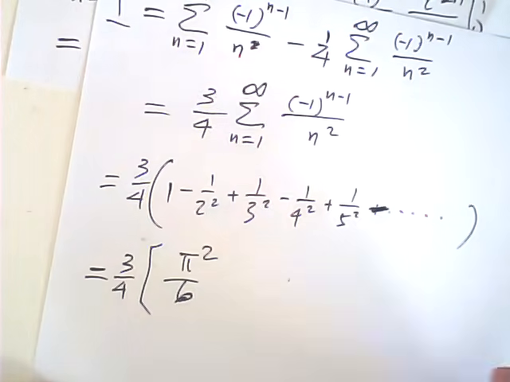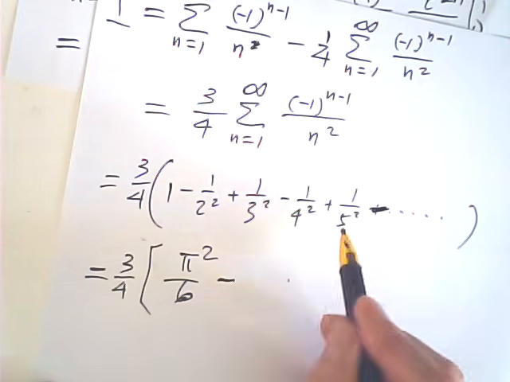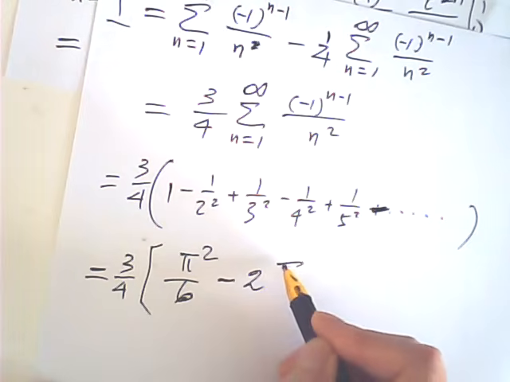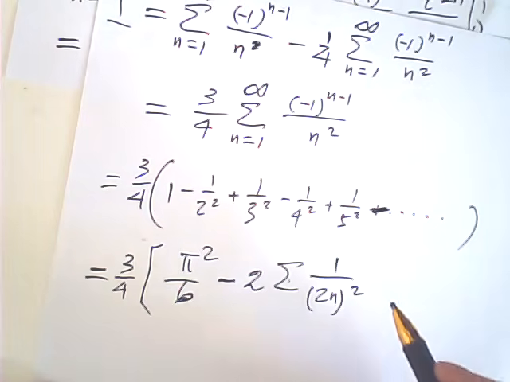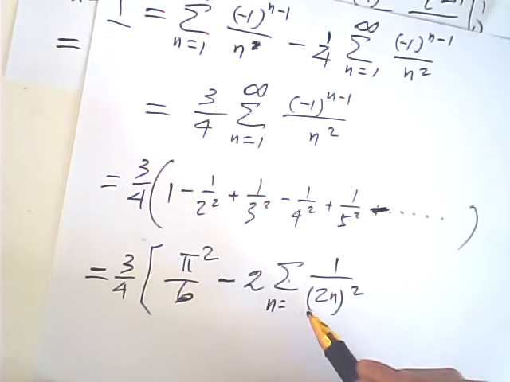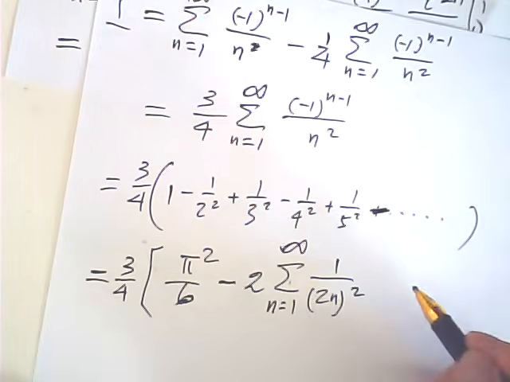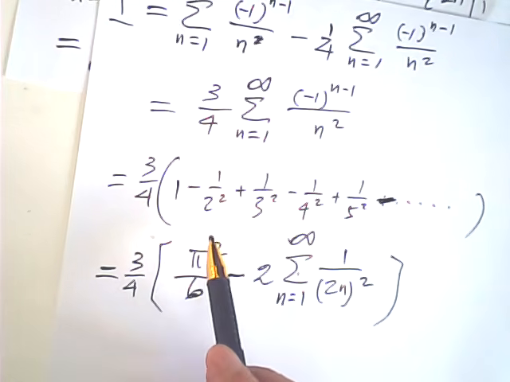This is Basel, and minus twice all those even numbers, powered, right, to infinity. Yeah, because you take a 1 is not enough.